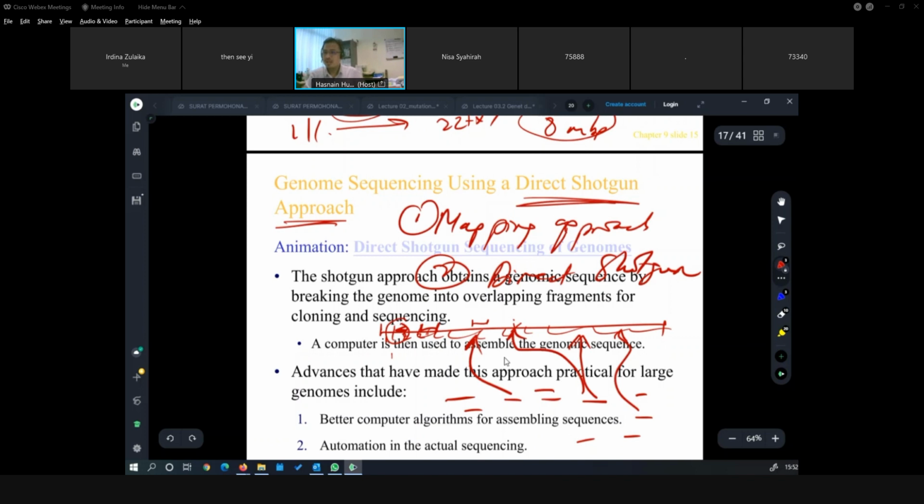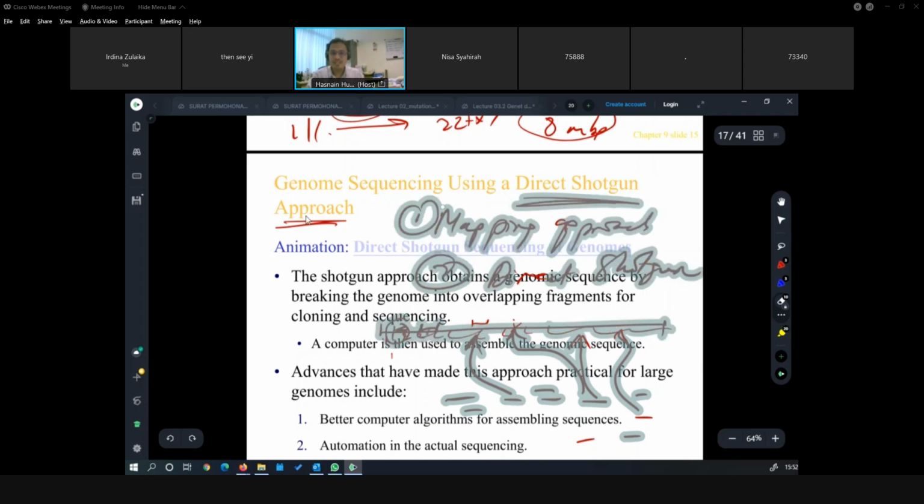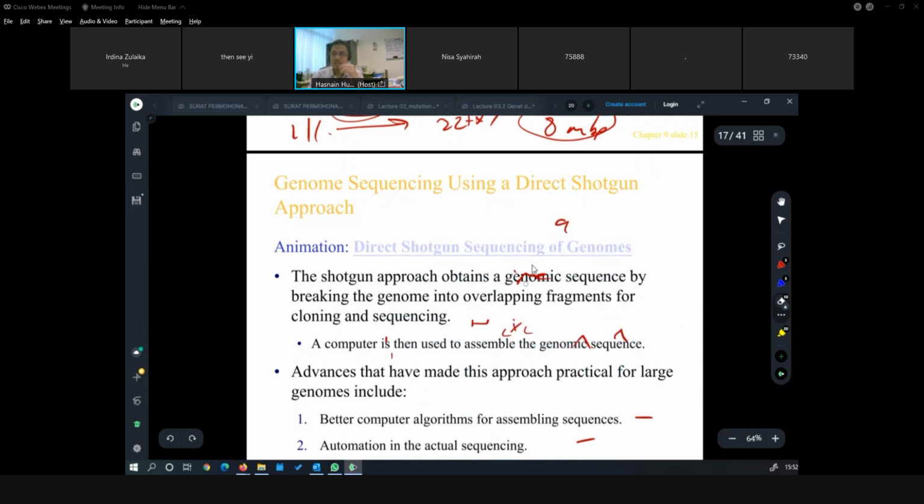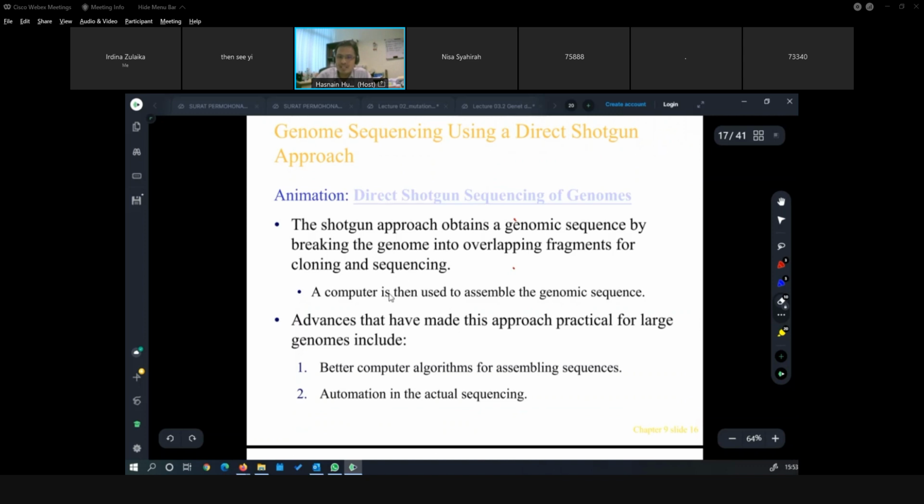The mapping approach is a unique way in which they sequence the fragments and then reassemble using a computer algorithm. Computing technology was used for the overlapping sequence analysis. The shotgun approach obtains genomic sequence by breaking the genome into overlapping fragments for cloning and sequencing, and then using the computer to reassemble it.